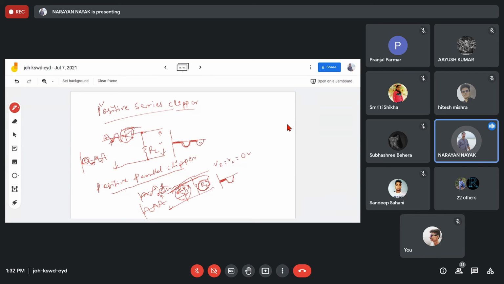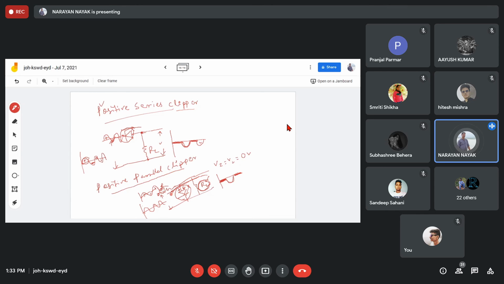In the positive cycle, the diode is forward biased and conducts heavily. The voltage drop across the diode, equivalent to the voltage across the load, is 0. Understood? Similarly in the negative half cycle, the diode is reverse biased, it doesn't conduct, it is off.